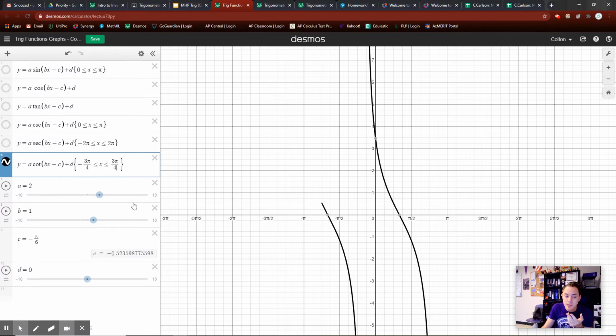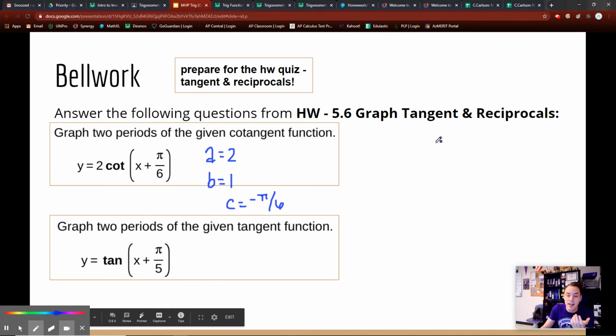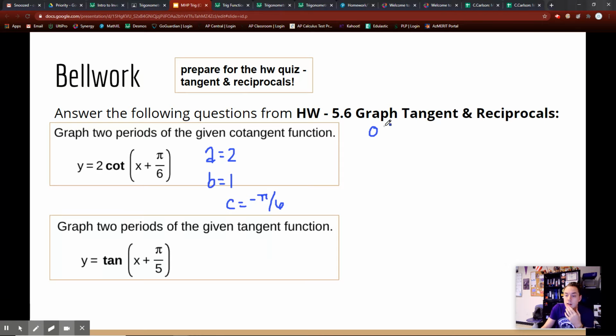I could find where the asymptotes are if I wanted to. I'm not going to. We could do exactly what we did yesterday. So if I wanted to find out where those asymptotes really were, it's just that bx minus c, and then this is pi for cotangent. And so I'm not going to graph them, but let's go ahead and find them just because.